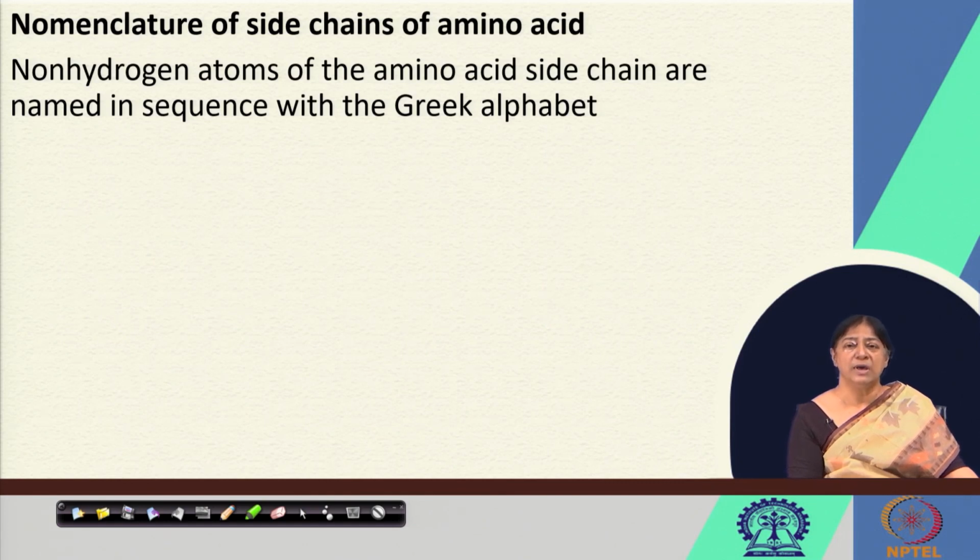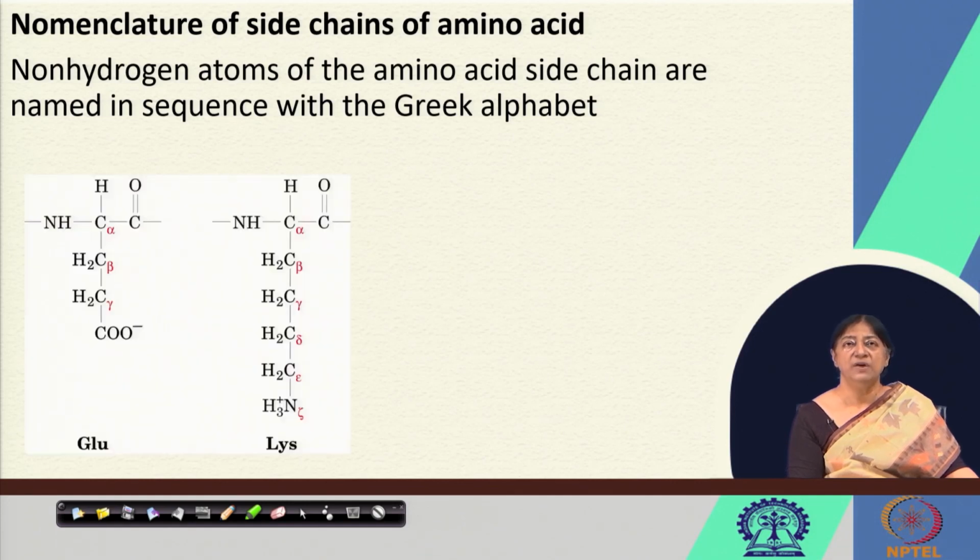So, when we look at the amino acids, we talk about the alpha carbon, but there are many other atoms and moieties that are attached to this central alpha carbon, and we have to look at them in terms of a nomenclature, to understand in a universal fashion how we depict these amino acids in general.